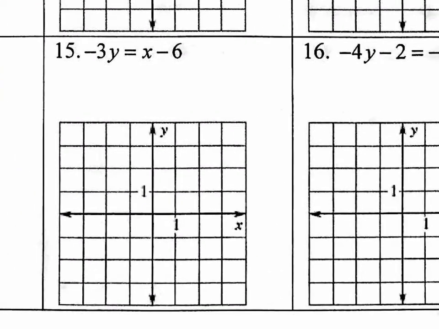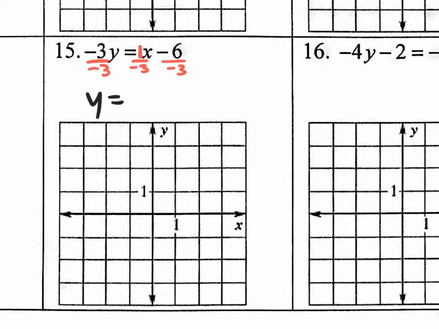Number 15, you don't have y by itself. So what do we have to do right there? Divide everything by -3. When I say everything, I'm talking even the invisible number 1 right in front of x. You're going to divide that by -3. The -6, you're going to divide by -3. So when you divide everything by -3, you're going to have a new slope-intercept form equation. y equals -1/3.